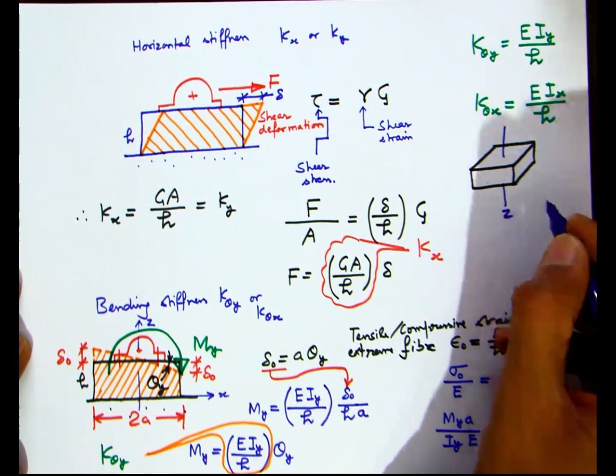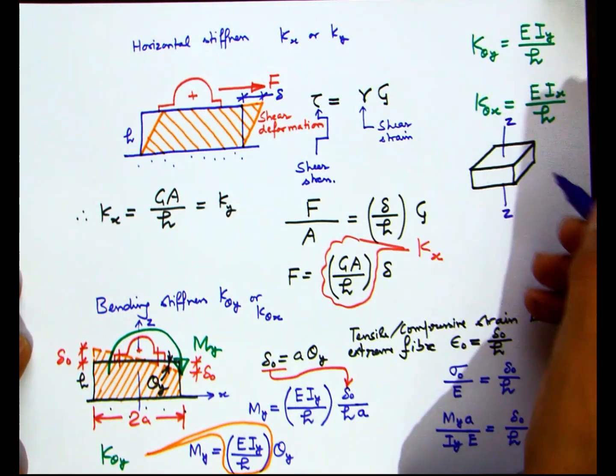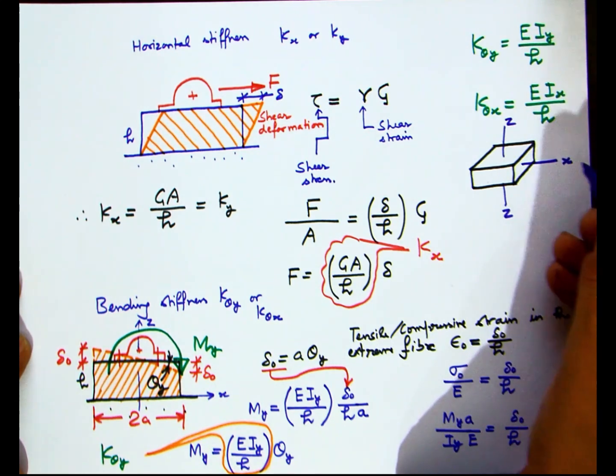Lastly, we need to derive the expression for the yawning stiffness, that is k theta z.